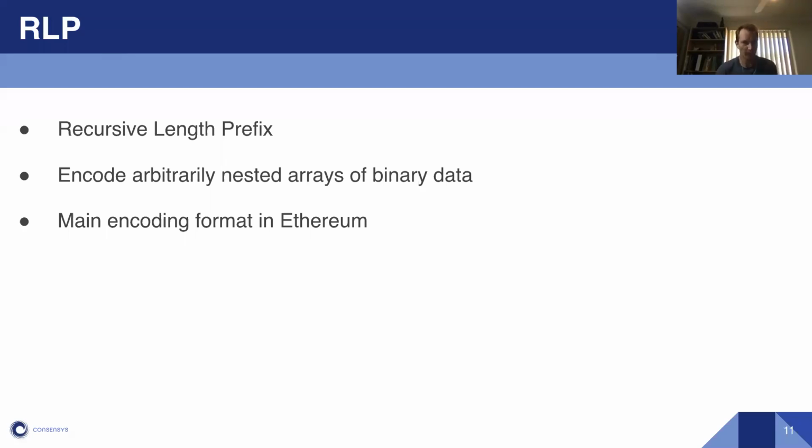RLP stands for recursive length prefix, and it's an encoding format used to encode arbitrary nested arrays of binary data. It's the main encoding format used in Ethereum.